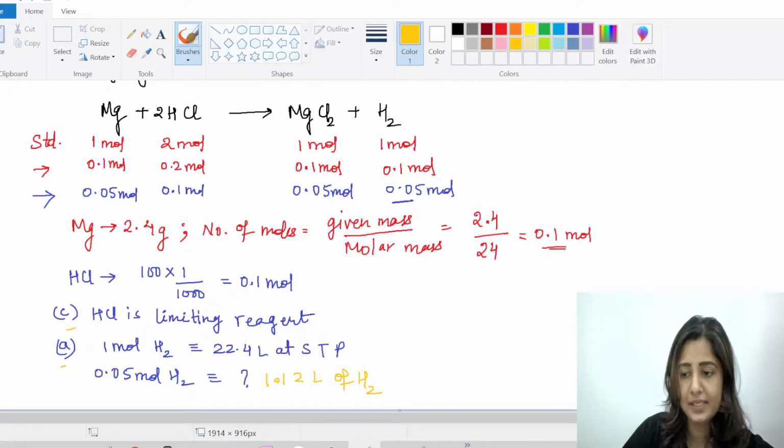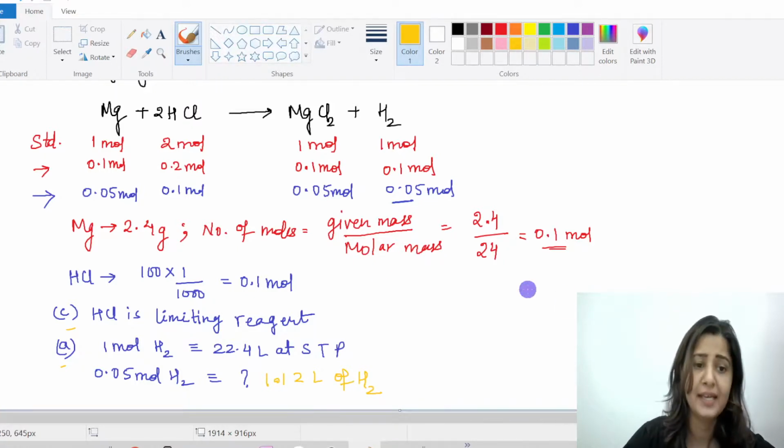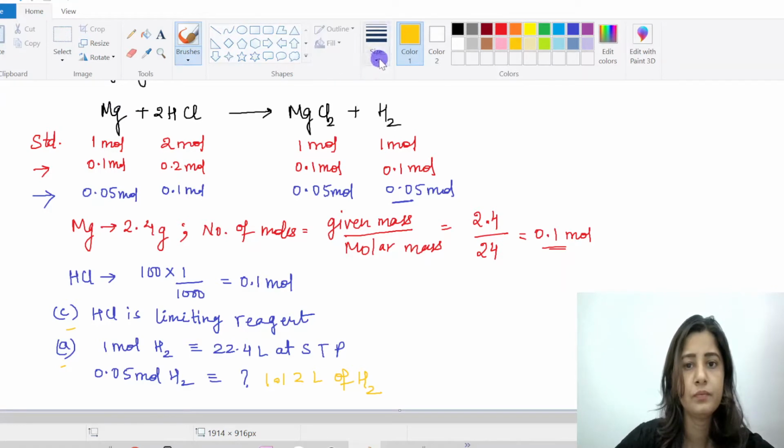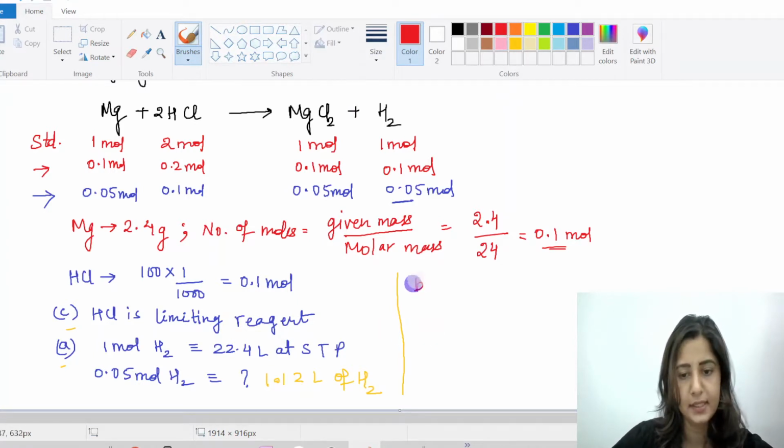B says that 0.01 mole of magnesium is left behind. Is it? Let us calculate it. A is done, C is done. Now we are doing for B. We had 0.1 mole initially, and how much is consumed? 0.05.